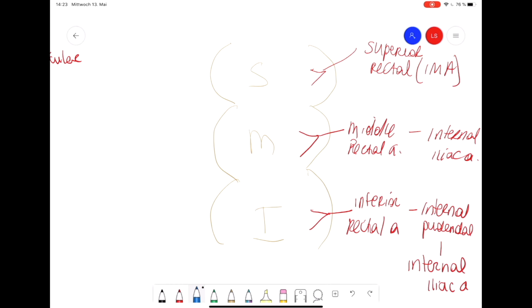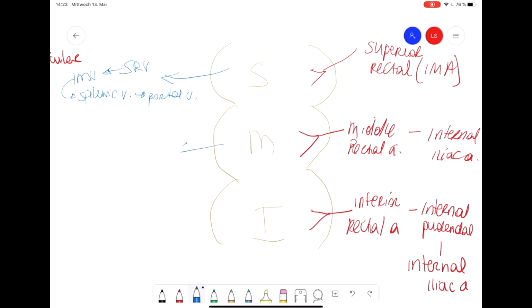Regarding the venous drainage of the rectum itself, we have the superior rectal vein. Superior rectal vein will drain into the inferior mesenteric vein, which will drain into splenic vein, which will drain into portal vein.